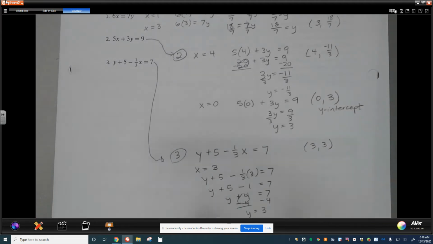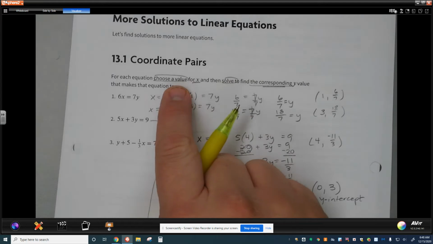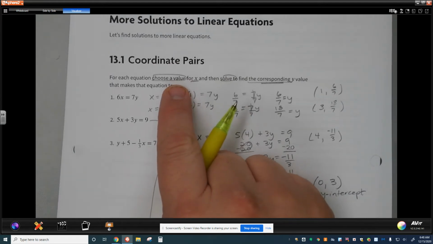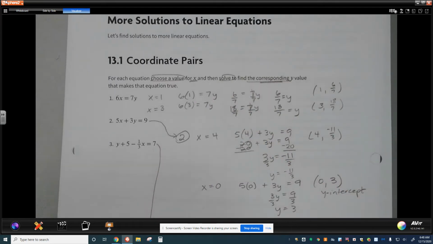I could do the same thing for, I would choose maybe 6 or 9 or 12 or -3. I could use 0 to find the y-intercept. There's a lot of possibilities here that you can use. The bottom line is this. When we choose a value for x, we are setting the input and we can find its corresponding y value that would make the equation true.